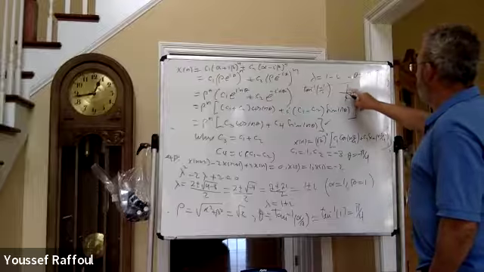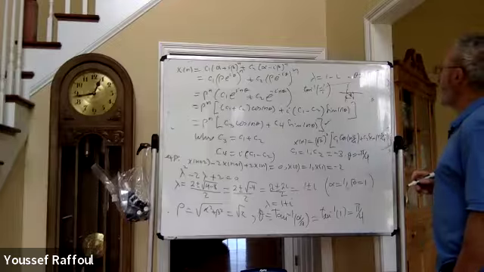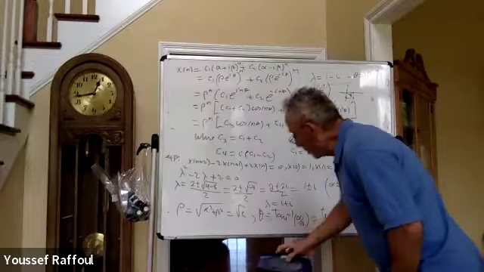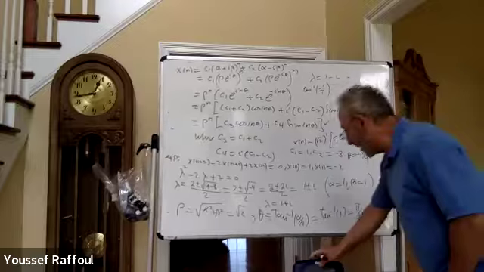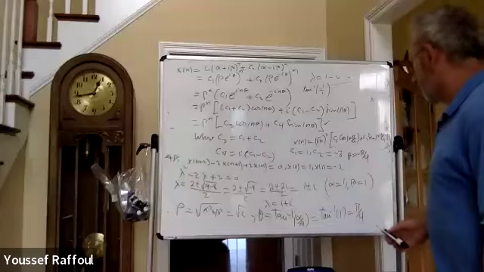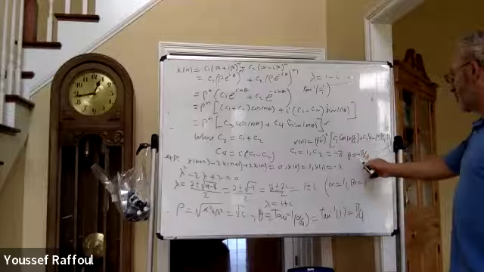That will be 7 pi over 4. Okay, so theta is minus pi over 4, and then when you write your equation, this will be cosine.